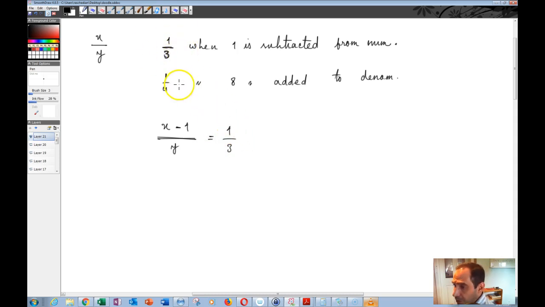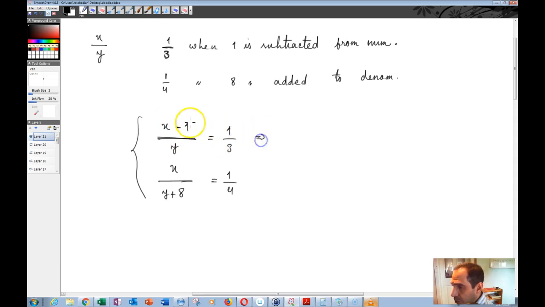And it becomes 1/4 when 8 is added to the denominator, so x over y plus 8 is equal to 1/4. If you simplify this, you can solve for x and y.